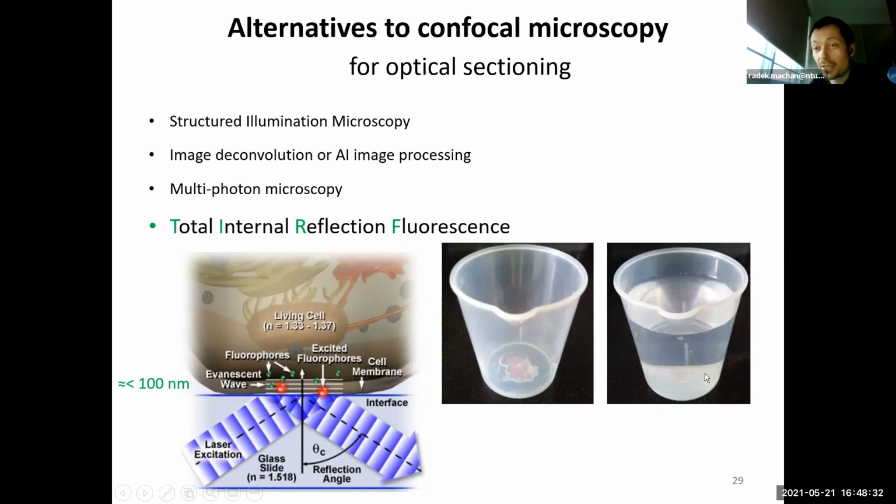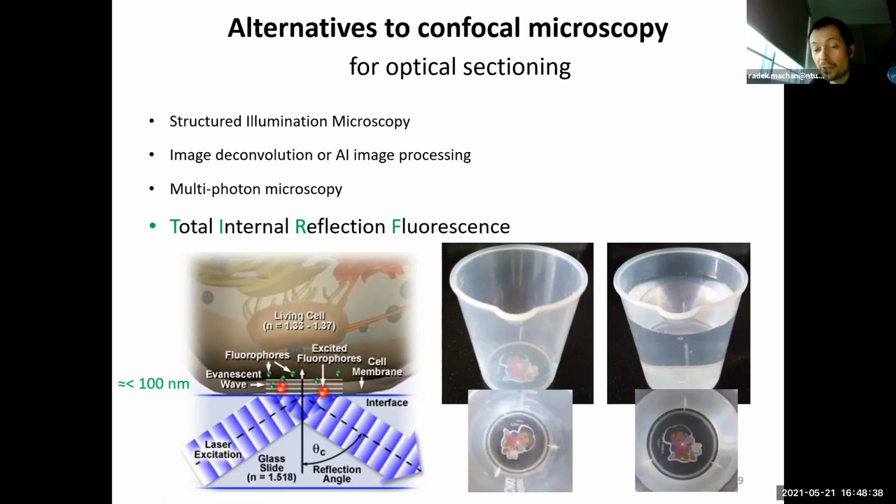So when I'm looking from here, I cannot see the sticker. But of course, if I look from the top, not under an angle, I can still see the sticker, because total internal reflection happens for rays which hit the interface at larger than the critical angle. You can see that when I'm looking from the top, I can see the sticker better with the water inside the cup than when there's no water. So this is, again, an example of how immersion liquid helps in microscopy.